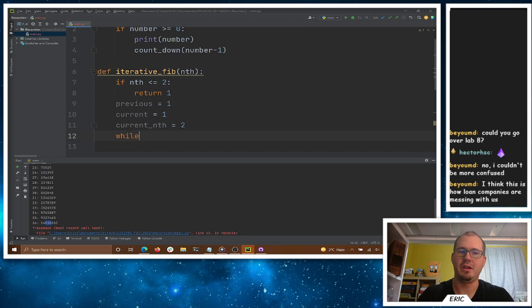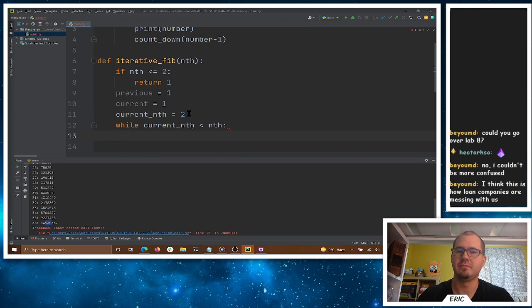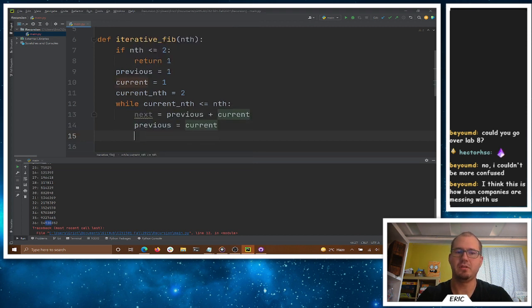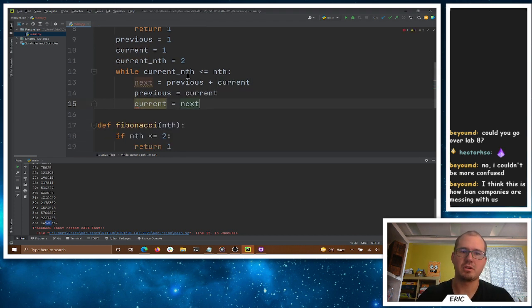And we can say while my current nth is less than or equal to the nth that you ask for, we want to keep on going. We'll have the next equal to the previous plus the current. And then the previous will become the current, and the current will become the next. Then we'll take our current nth plus 1.